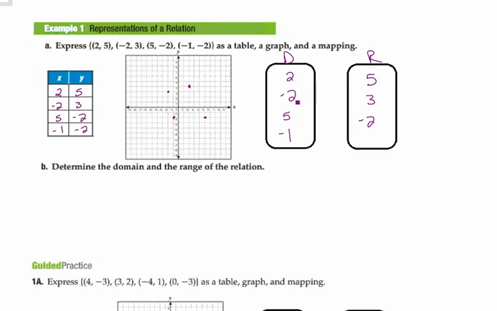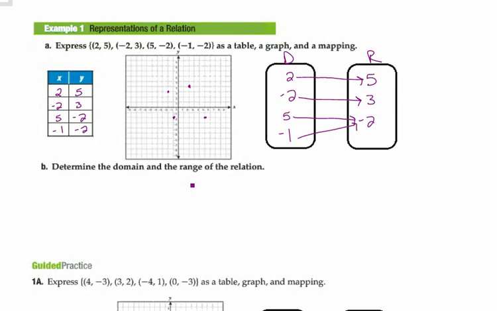Now I'm going to show the relation. The 2 is in relation to the 5. The -2 is in relation to the 3. The 5 is in relation to the -2, and so is the -1. So that's what a mapping looks like. Again, using that table to put it together.